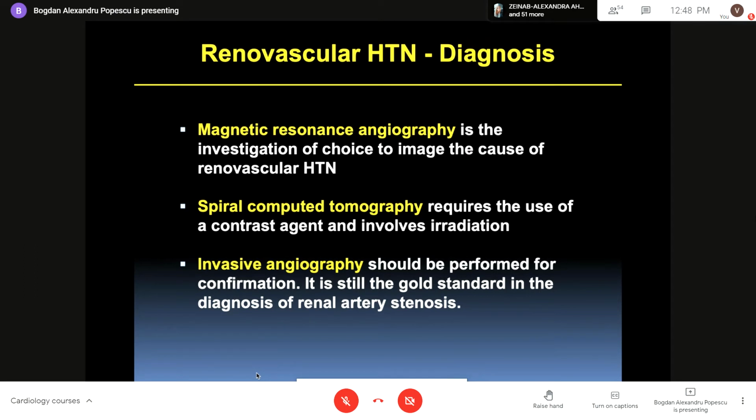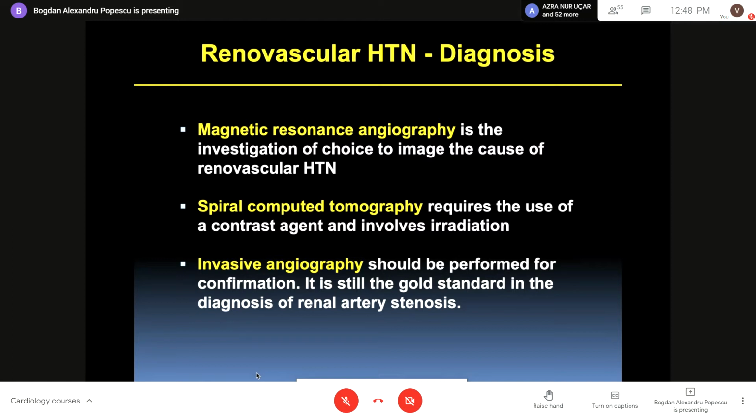And of course, MRI has a very good accuracy. It allows a very good imaging of the renal arteries. So you can rely on that, sometimes after ultrasound, sometimes even as the first test, but this is less usual.